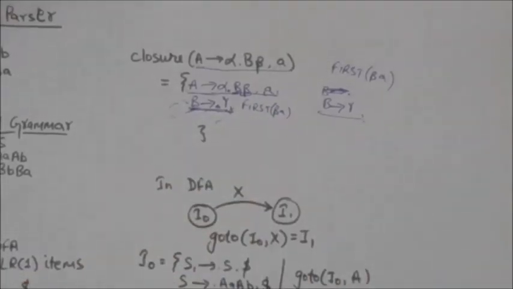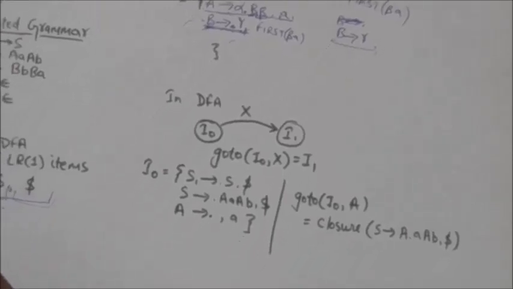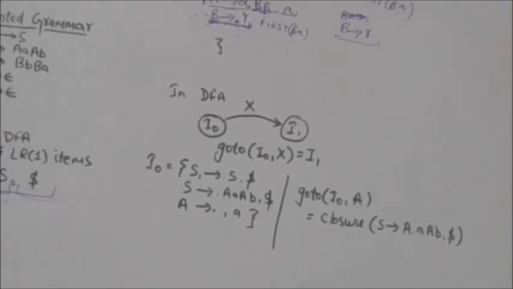Now next is the Goto function. See what happens in a Goto function. Now Goto function is used to find the transitions of state of DFA on a particular symbol, right?